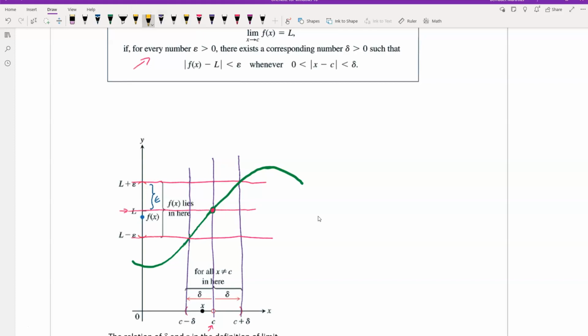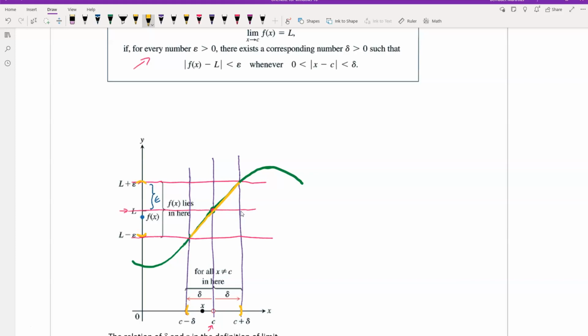Now this part of the curve that is between these two vertical lines, and what we have for that part is between these two points. The point is that this part of the curve should fit in this interval.